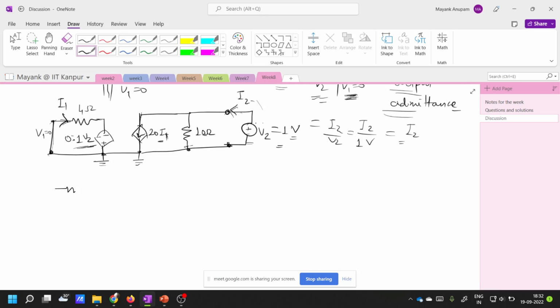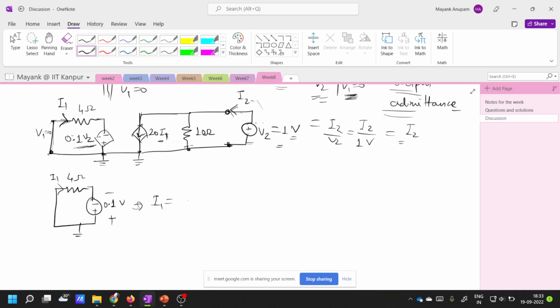So the new picture will be like this. This is 4 ohms. This is minus plus. And you have to find this current, and this is 0.1 volt in the direction that is given, minus here and plus here. So what will be I1 in this case?